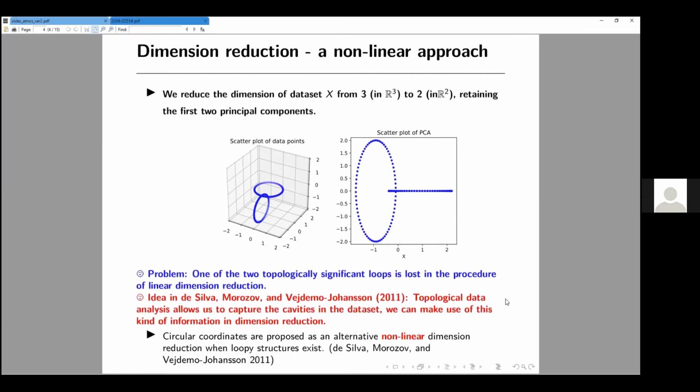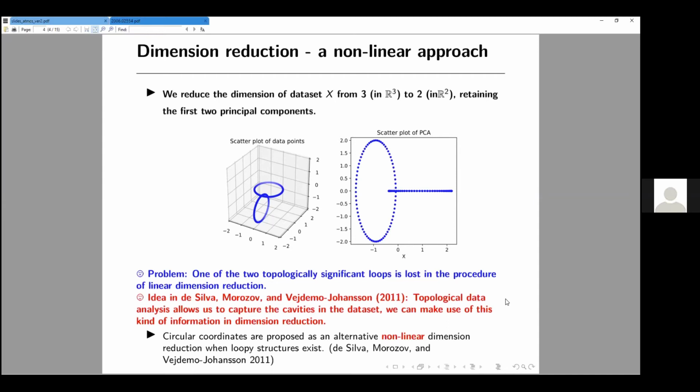As we observed, one of the two topologically significant loops is lost in the procedure. The idea proposed in the original paper by de Silva, Morozov and Vejdemo-Johansson, 2011, is that topological data analysis allows us to capture the cavities in the data set, and therefore we can make use of this information in the dimension reduction problem.